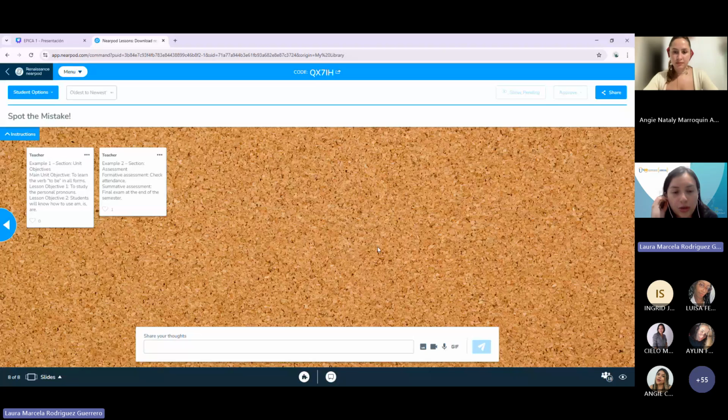Those who have access with Nearpod can share your thoughts over here and they are going to be posted in this chart. And if you want to open your microphone in the chat and share your thoughts, you are welcome also.